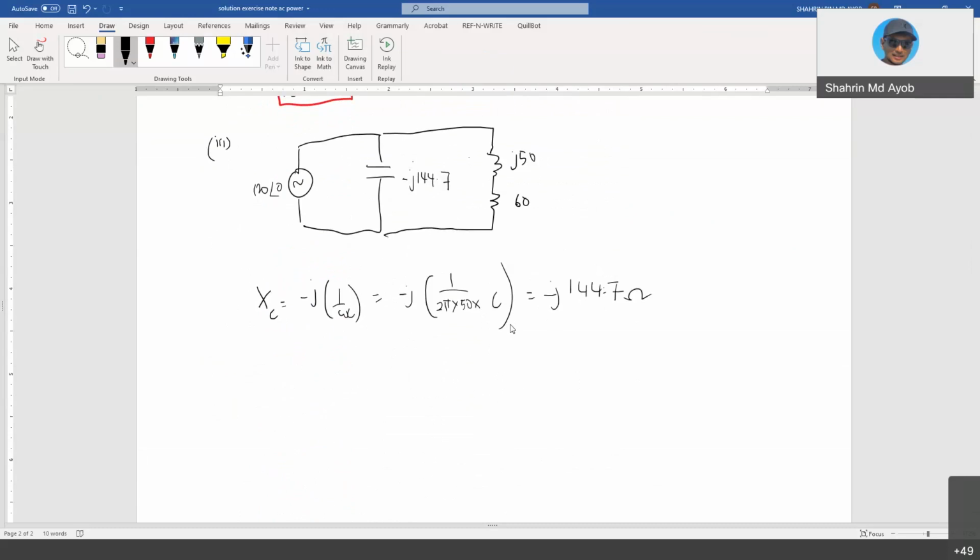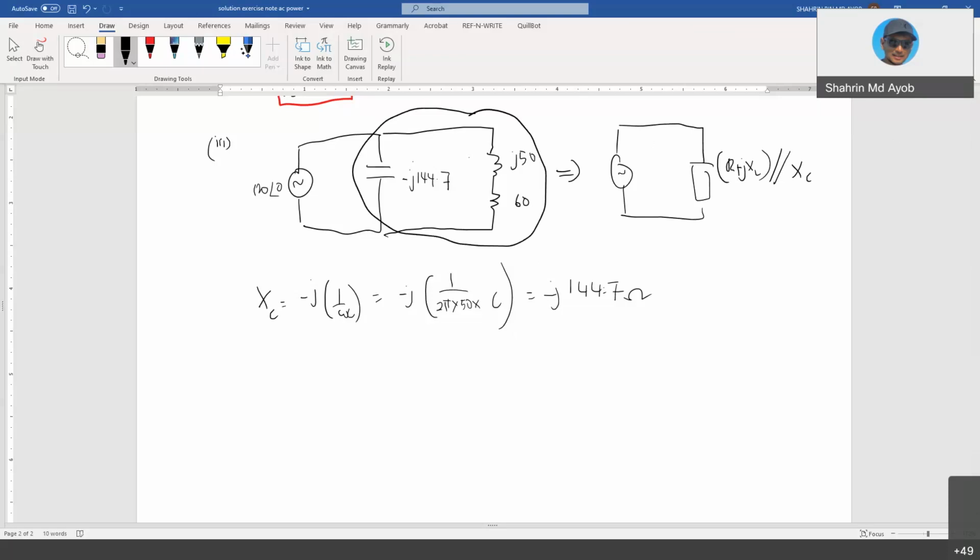You need to simplify this circuit actually. This one should be R plus jXL, parallel with XC. So you need to simplify this one and then get the result. I don't have the answer right now because it requires a lot of calculation.